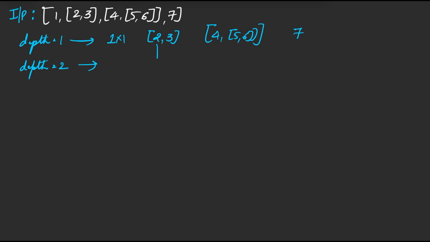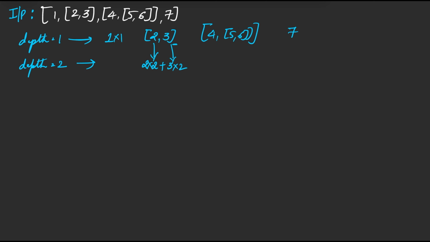The first element is 2 multiplied by its depth, and the next element is 3 multiplied by its depth 2. The list is completed and it returns the value 4 plus 6, 10.